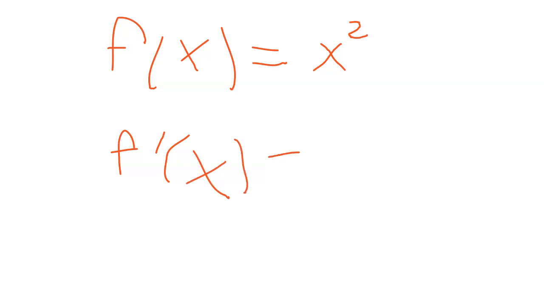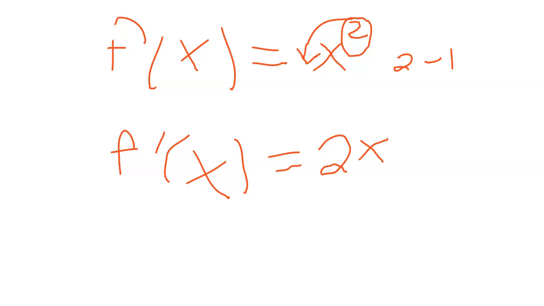Again, sorry about the handwriting, let me redo that. So for this, you would take the exponent right here and simply move it down, and then whatever your exponent was, you would subtract 1. So for this problem, your derivative function would be 2x.